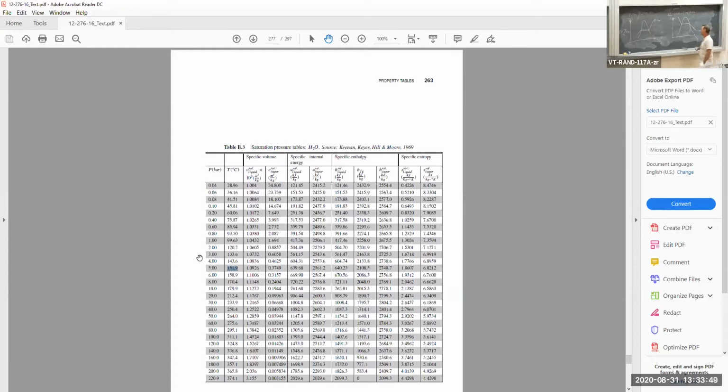Now, what is the boiling pressure at 151.9 degrees C? The answer is 5 bar. T-sat at 5 bar is 151.9 degrees C, but that also means that P-sat at 151.9 degrees C is 5 bar.